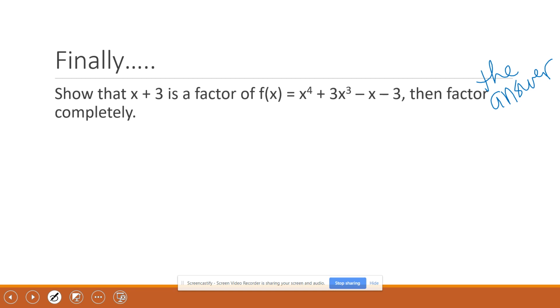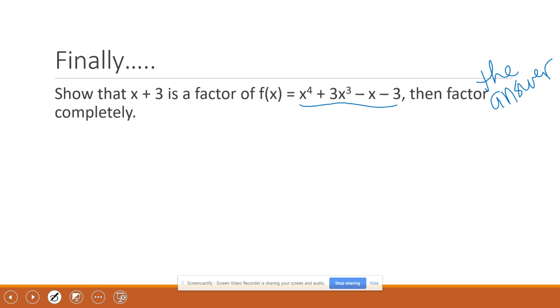So you can use either method. Also, because we want to go ahead and factor further, we will want to make sure that we use the division method. It's not going to tell us what's left over from that factor to factor further. I'm going to go ahead and use our shortcut or synthetic division.